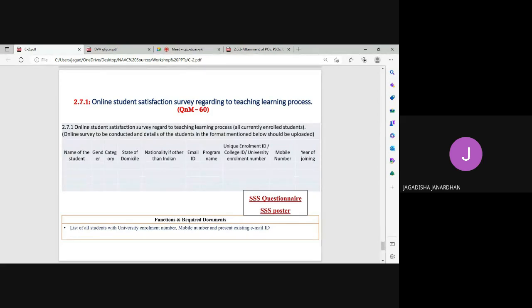And students will not be aware of a few technical words, like experiential learning, ICT usage, or any other facilities which are student-centric methods. These types of words will not be familiar to the students, and NAAC will be asking the questions in the same manner.